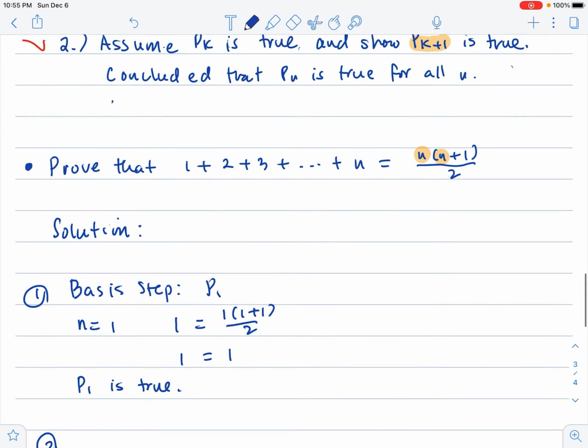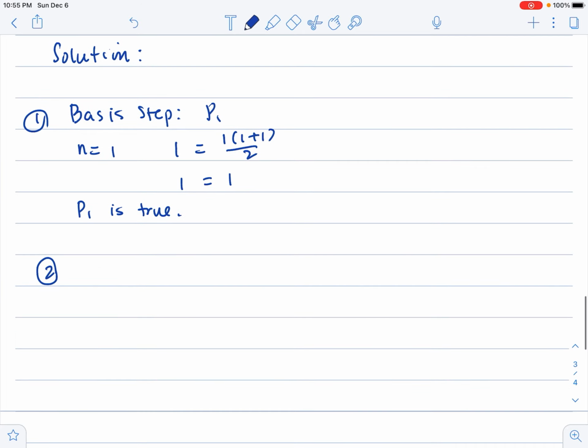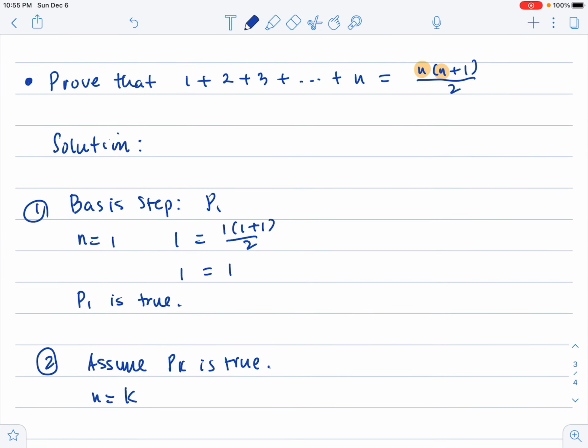Number 2, yung ating inductive step. So ano sabi sa number 2? Assume P sub k is true. So anong gagawin natin if we assume that P sub k is true? Ang ibig sabihin naman ito ay we let n be equal to k. If we let n be equal to k, ano mangyayari dun sa original equation natin?